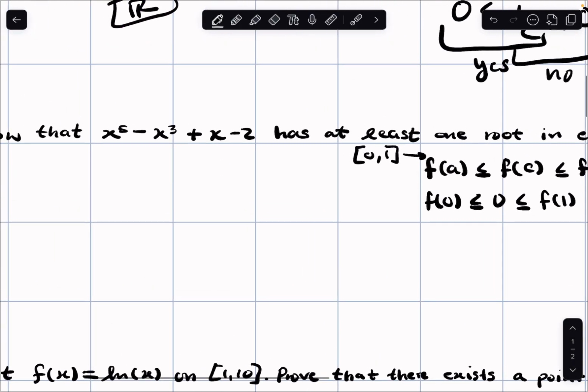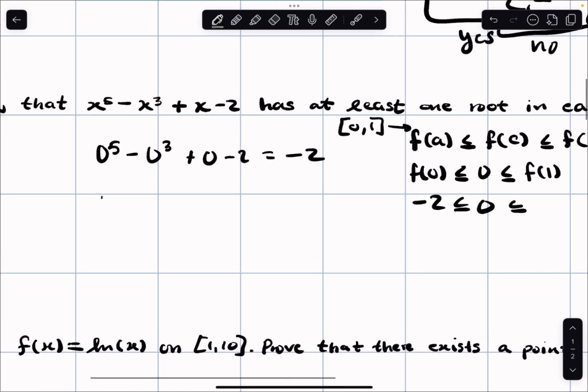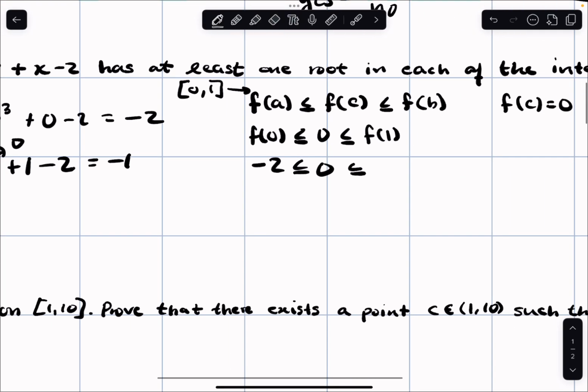So f of 0, which is 0 to the fifth, minus 0 cubed plus 0 minus 2, is just going to equal minus 2. So f of 0 is minus 2, 0, and then let's evaluate f of 1. So 1 to the fifth, then minus 1 cubed plus 1 minus 2. This is equal to 0, and this is going to be minus 1. So is this part of the inequality correct? Yes.